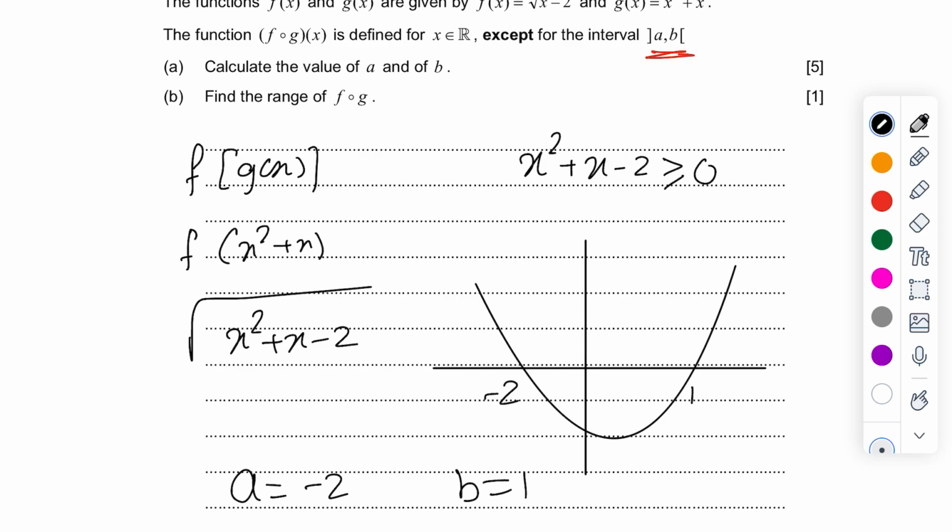Then the range of f circle g of x. So we know that it is always greater than or equal to 0. For all this, it is always positive. So therefore, y greater than or equal to 0 is going to be the range.